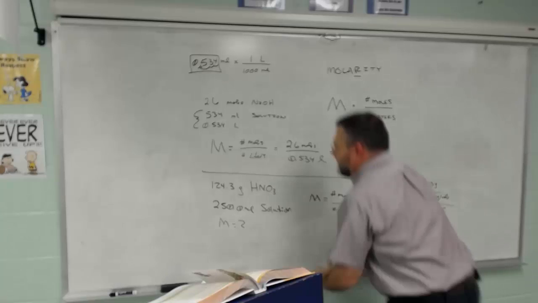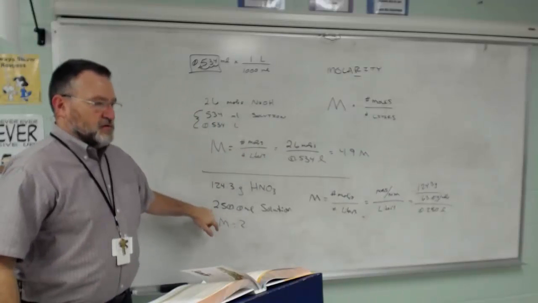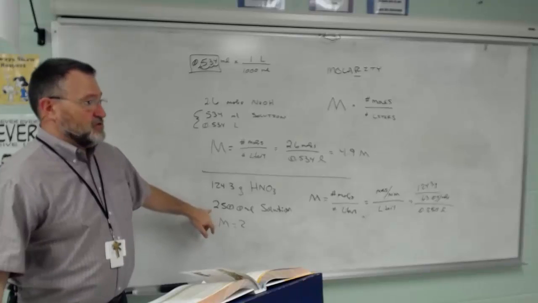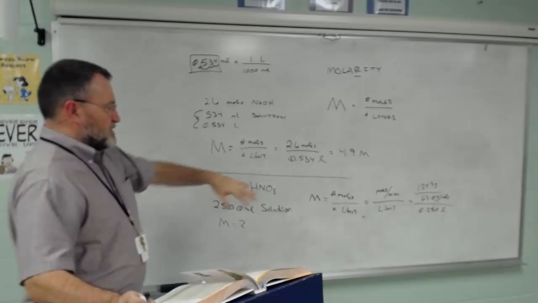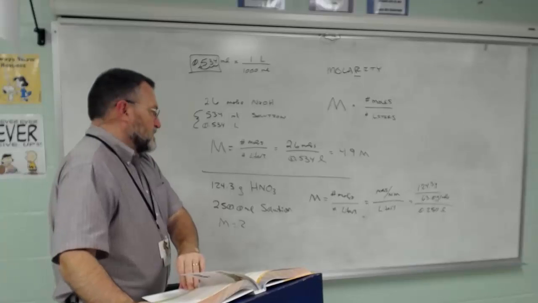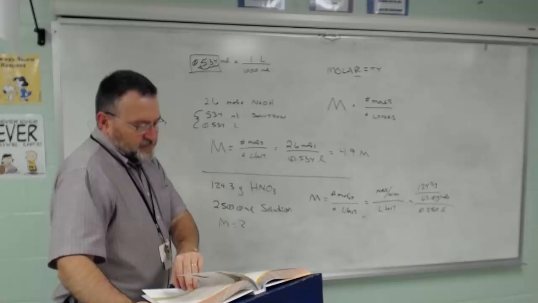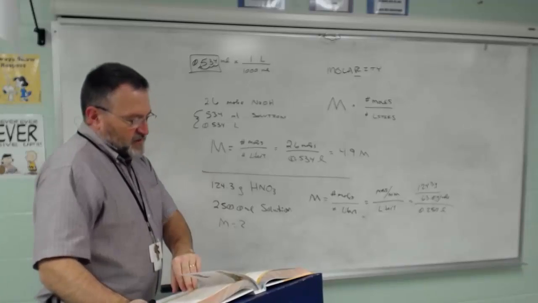Okay, do you see that? Again, 250 milliliters can be written as 0.250 liters. So we have to keep our units right. Liters and moles. So our moles is 124.3 grams divided by 63 grams per mole. Our volume is 0.250 liters. And the math works out to be 7.88 molarity.